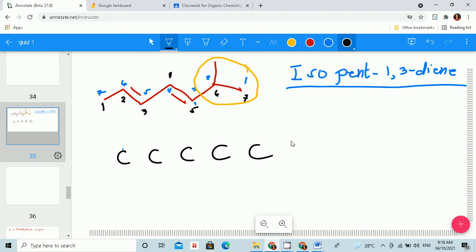Then okay, so in carbon 2 we have 1, 2. In carbon here also 1, 2, 3, 4. Double bond also. And then we have here.